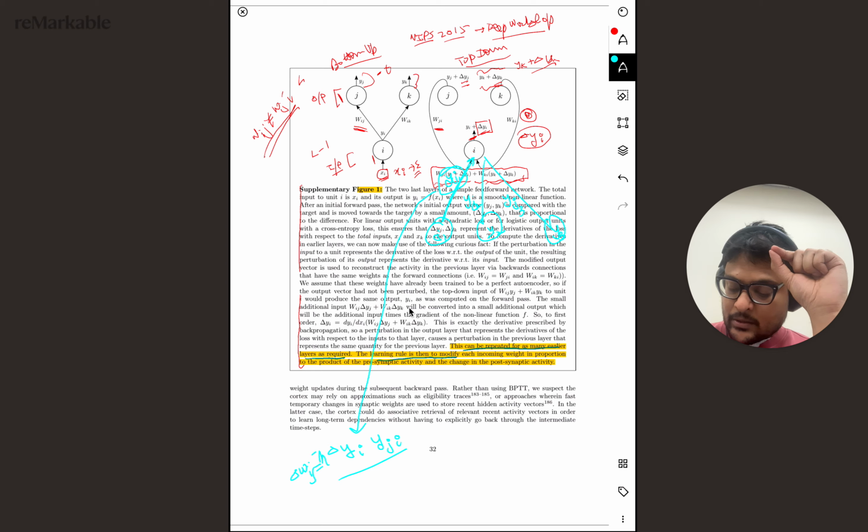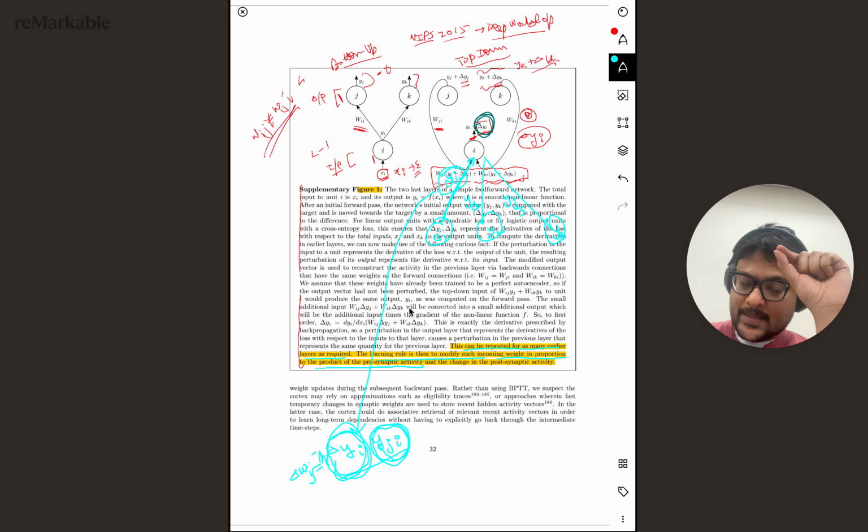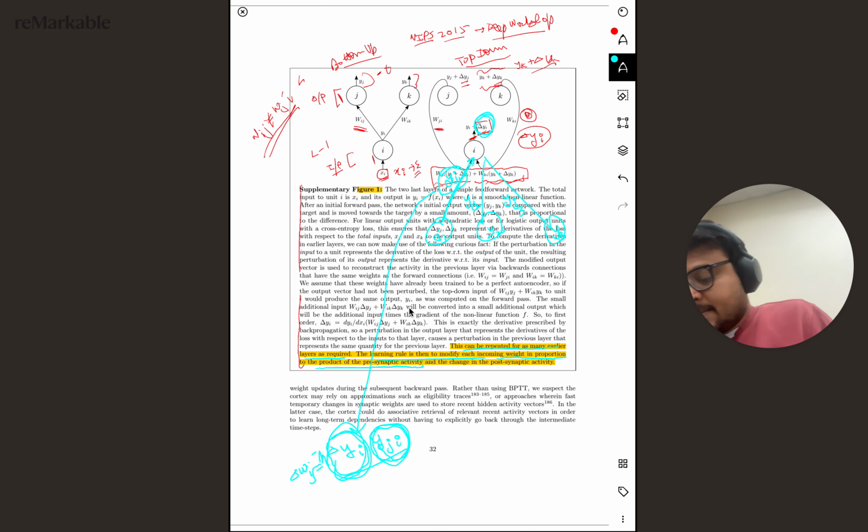The learning rule is equivalent to modifying each incoming weight in proportion to the product of the presynaptic activity. So yji in this case is the product of the input activity which was coming in, along with the change in the activity which you got after piping back the error signal from the top-down neural network. And this does not involve any sort of chain rule or any computation like that.